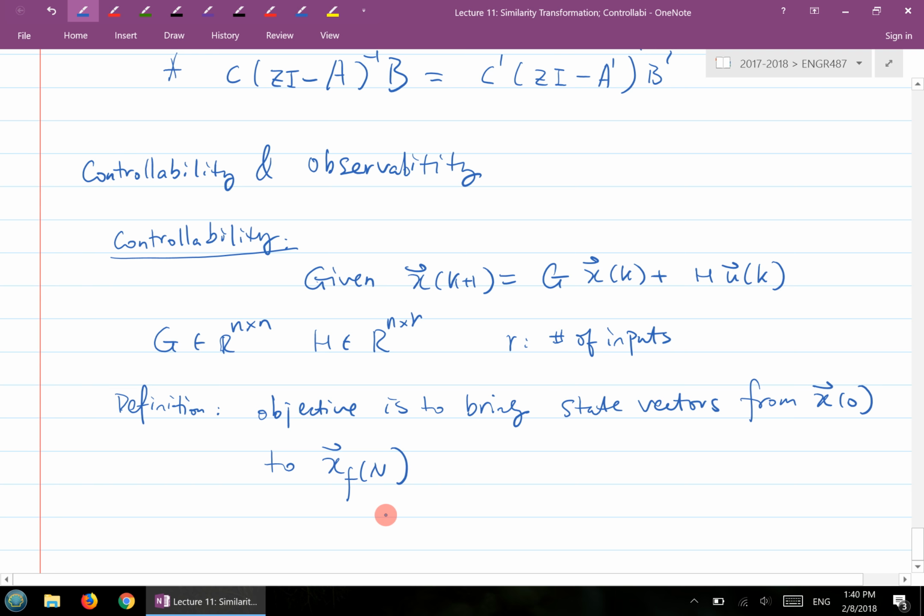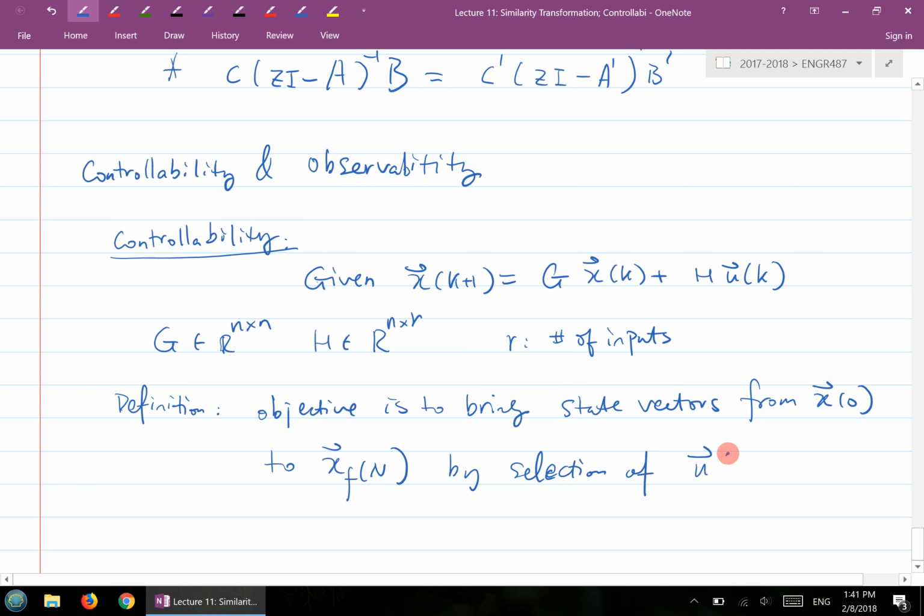And of course you can't just bring it there arbitrarily. You have to bring it by giving the system a certain control input. So that's why we bring this one to here by a selection of u of k.